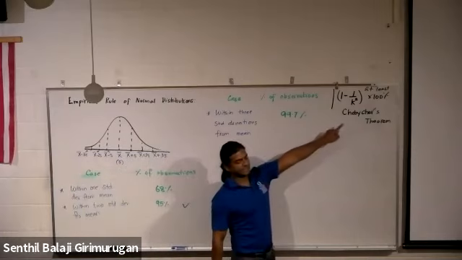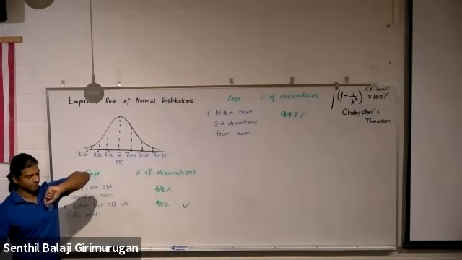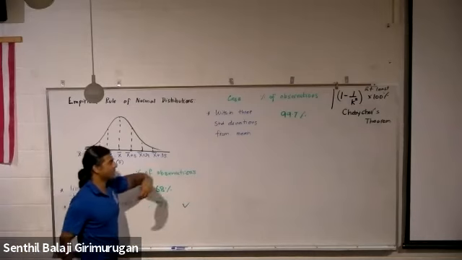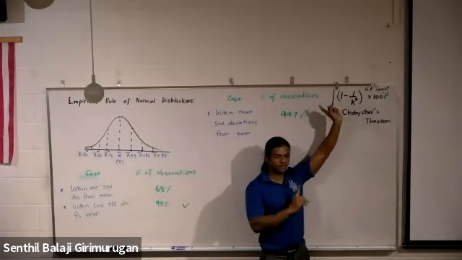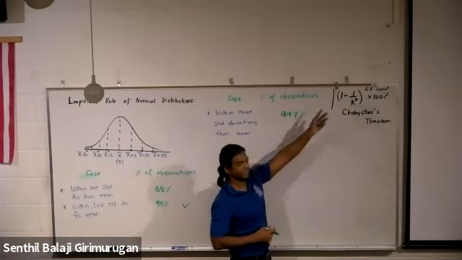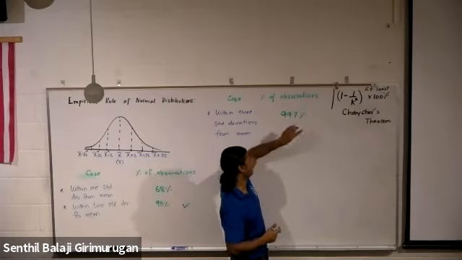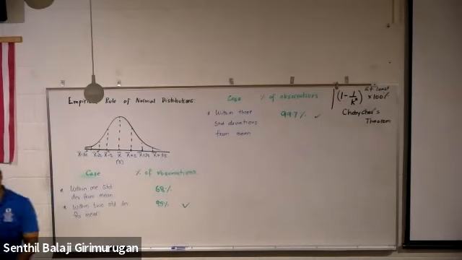When you plug in k equals 3, what do you get? 88.888, which is 88.89%. So the theorem states that it would be at least 88.88%, and we have 99.7%. So the guy was right.